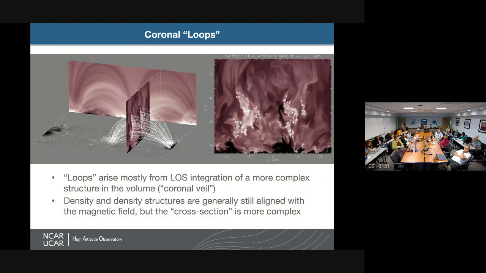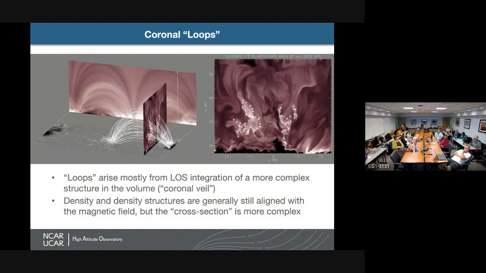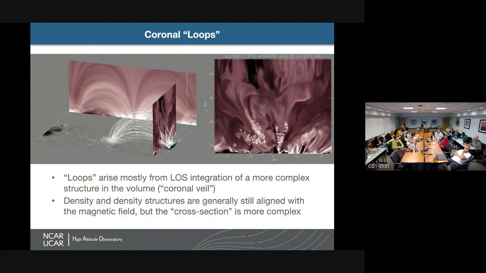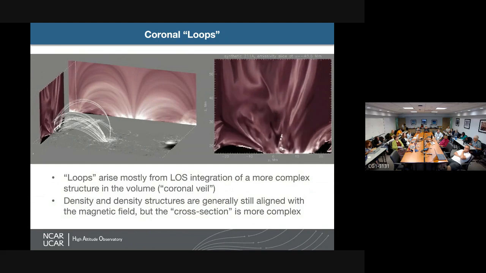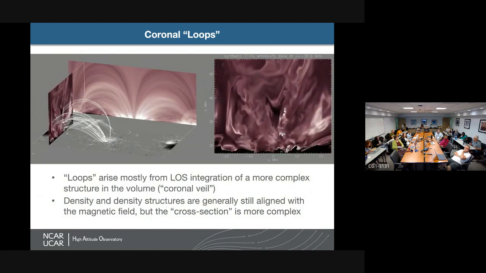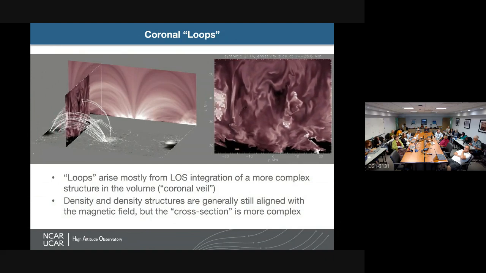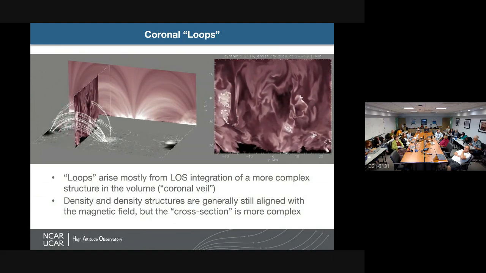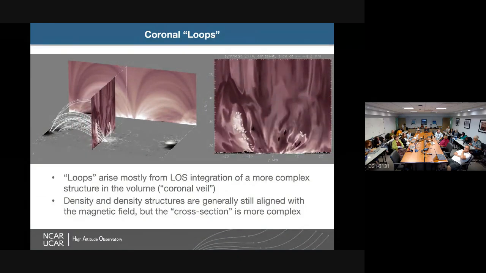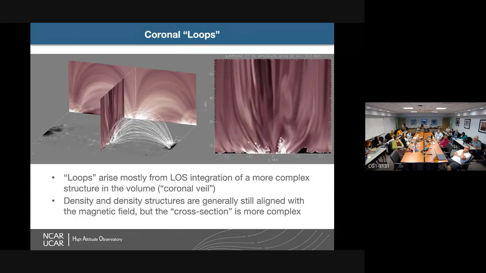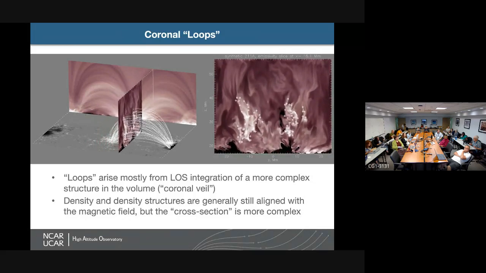If you have a density region which is elongated in the vertical direction and you look straight through it, you get very little emission. But if you look from another direction, along it, you see a peak in the emission. She describes this more as a veil, a curtain.